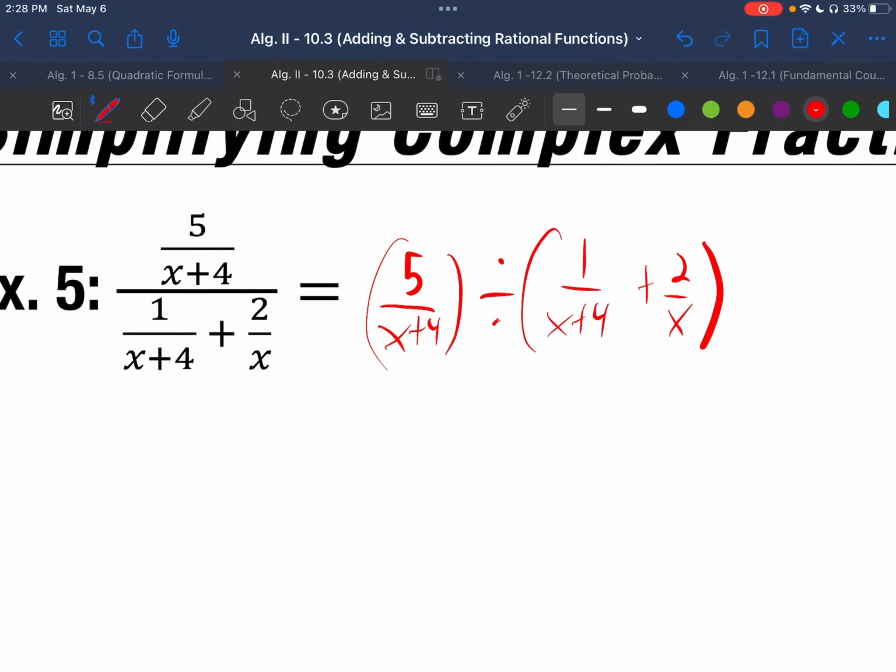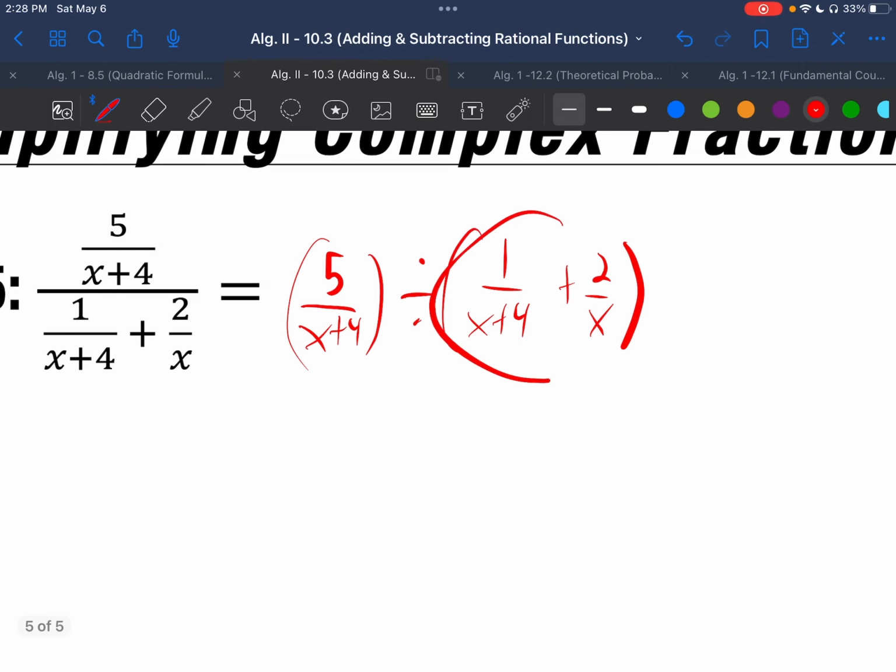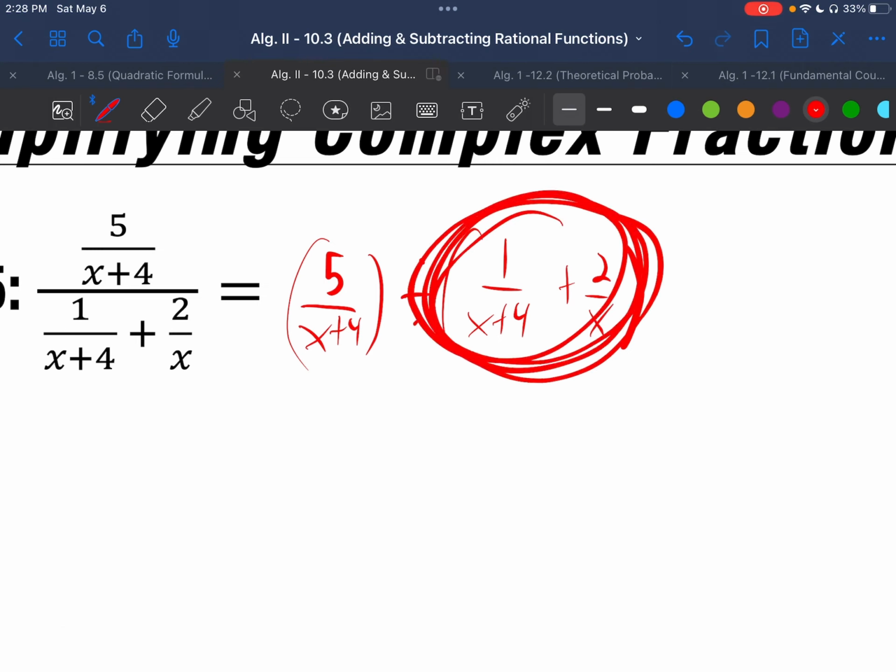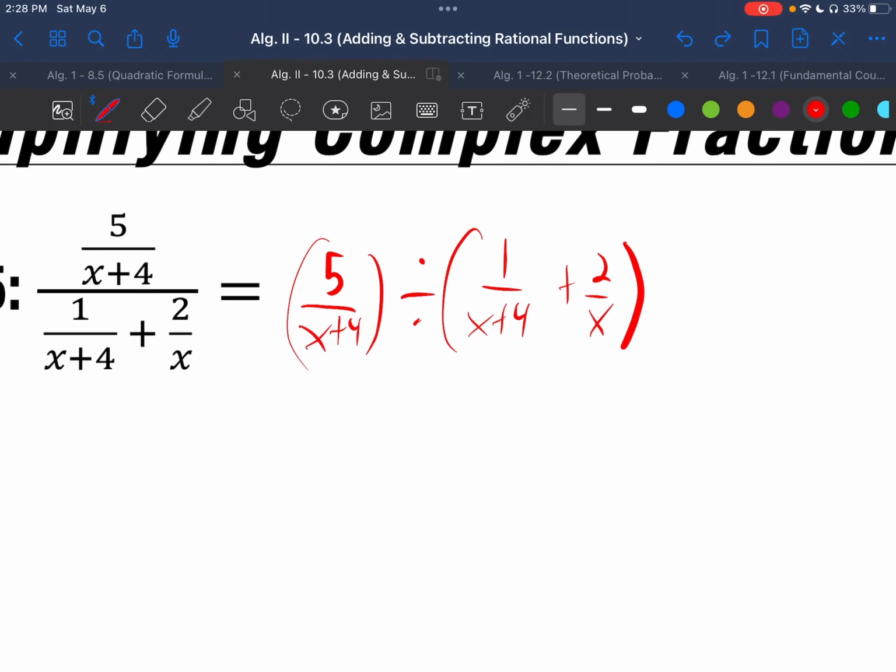And what I'm going to do now from here is I'm going to worry about simplifying, aka combining these two fractions. Then when I'm done combining those two fractions completely, like we did in the previous problems, I am then going to worry about taking care of the division of these fractions, which would end up multiplying by the reciprocal. But I have to worry about this addition first in that parenthesis.